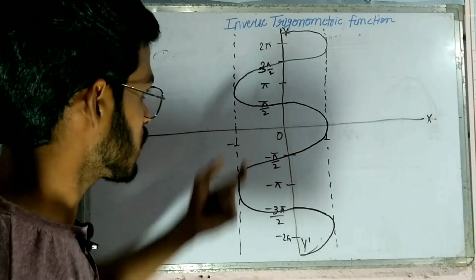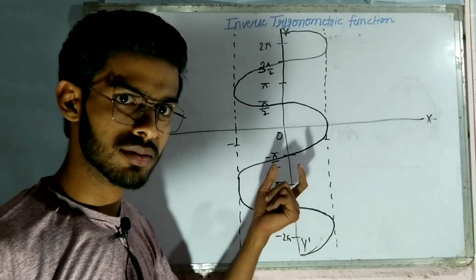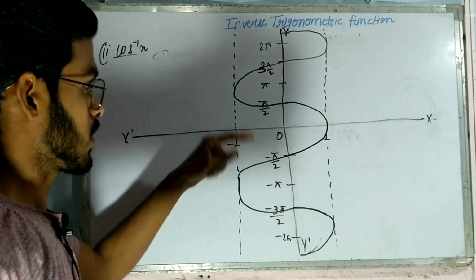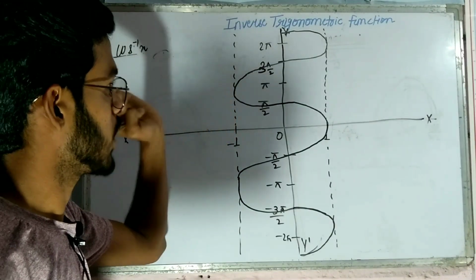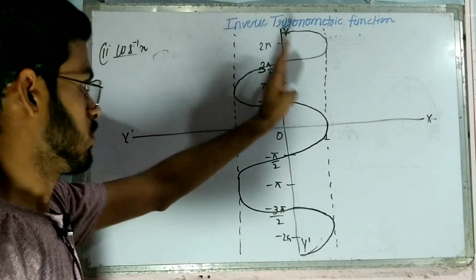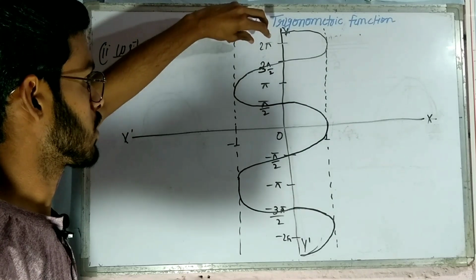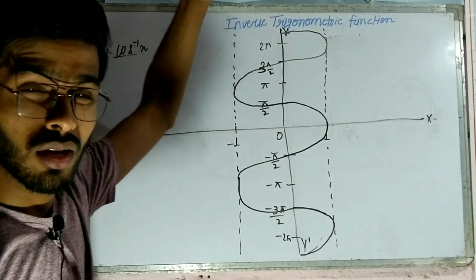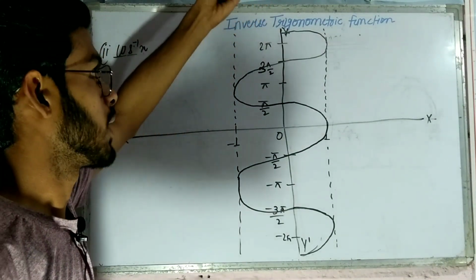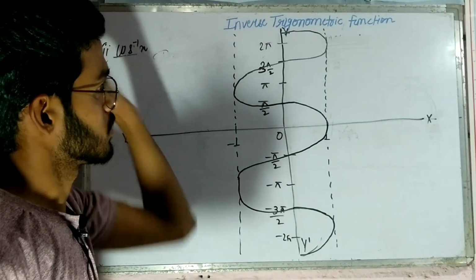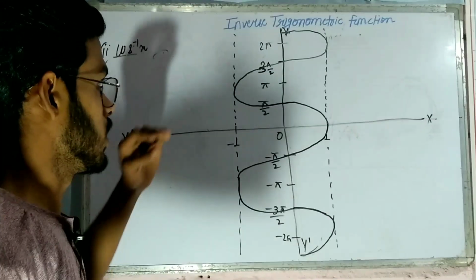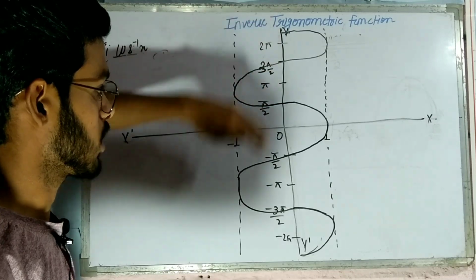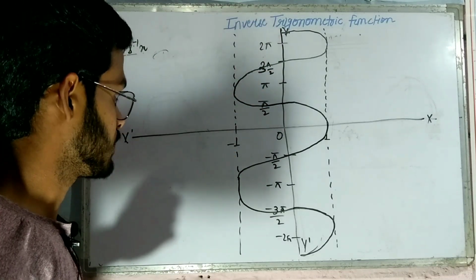Again, first we draw the x-axis and y-axis. So we considered some points on the y-axis and x-axis which are pi by 2, pi, 3 pi by 2, 2 pi and 5 pi by 2, then 3 pi, then 7 pi by 2, and similarly on the negative y-axis.